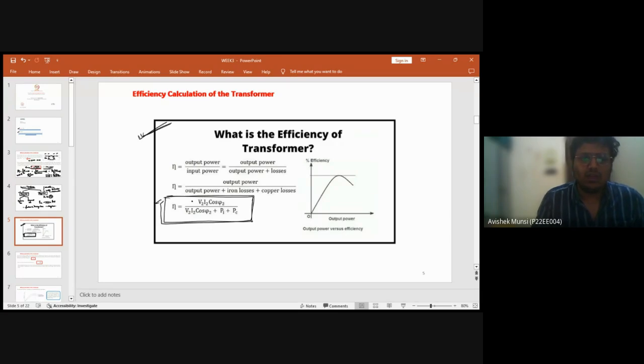Here we have to consider x, which is the load percentage. If you have any doubt till now, please ask me any questions.